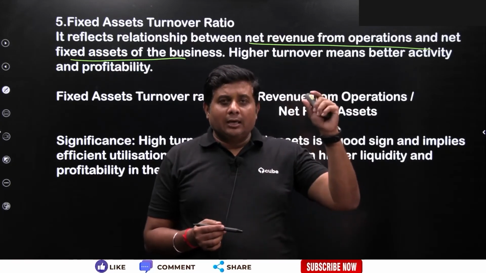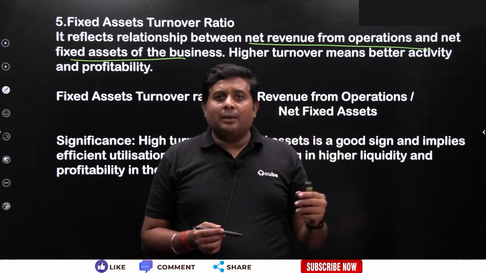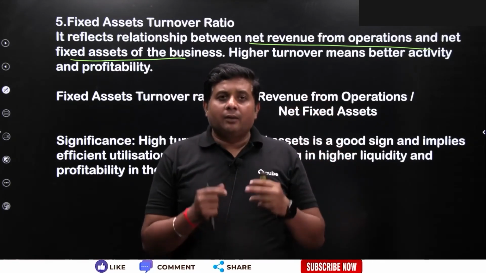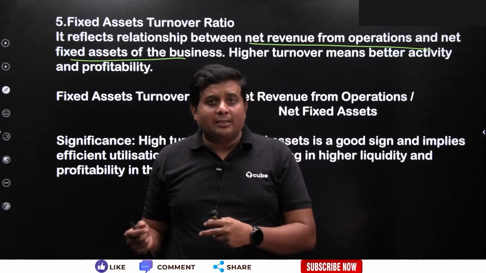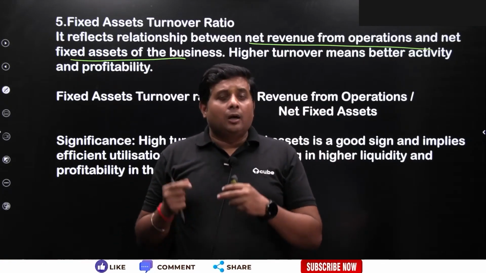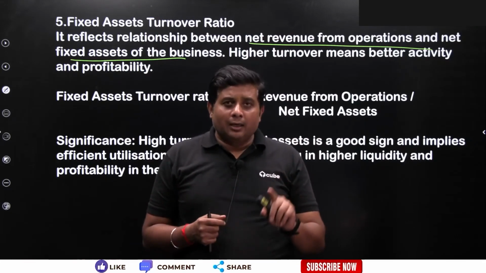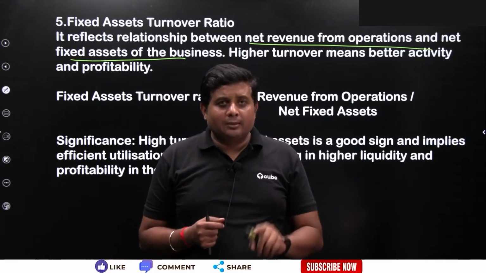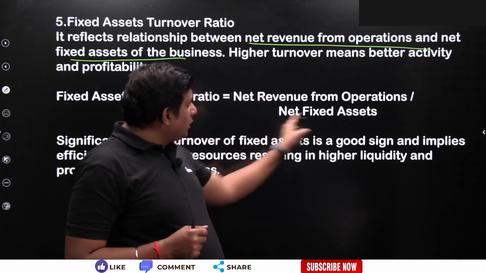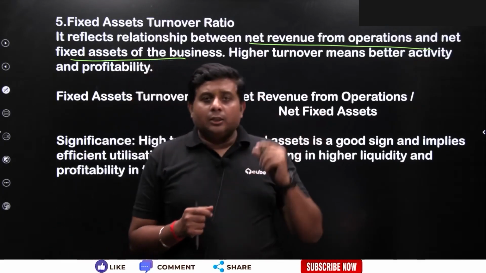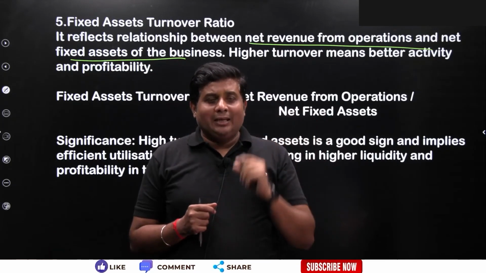Under non-current assets, there are many subheadings like fixed assets. Under fixed assets, there are tangible and intangible assets, non-current investment, long-term loans and advances, and other long-term assets. Deferred tax asset is not being considered here. But when I am talking about net fixed assets, it is just the combination of tangible plus intangible.